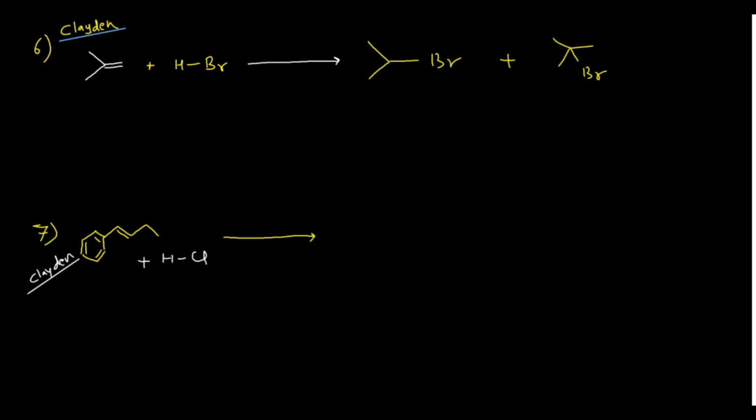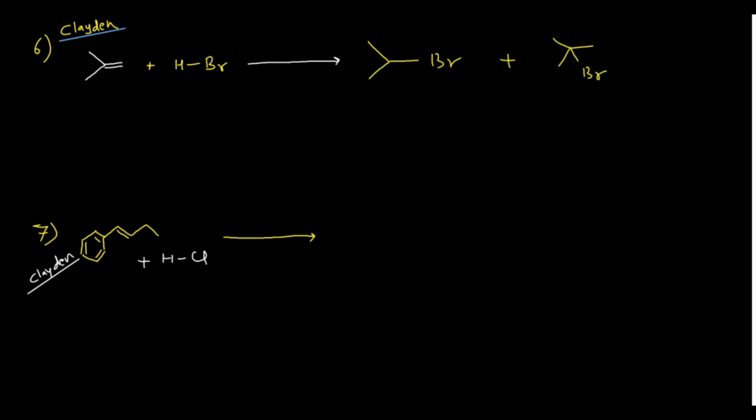So you can learn the things on your own. Now it is up to you to draw the mechanism of these two, and you will decide whether the reaction is regioselective or not. If you get the answer, comment in the comment section, I'll reply. If you don't know the answer, then again comment in the comment section, I'll reply there with the probable answer.